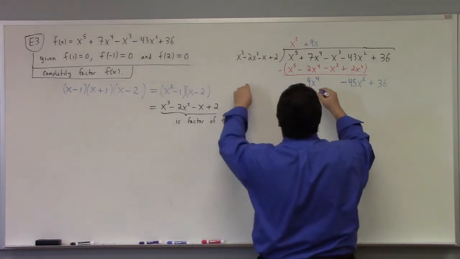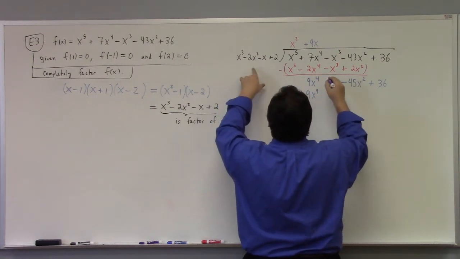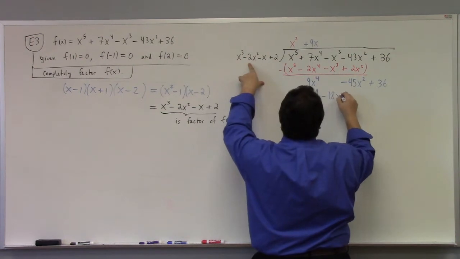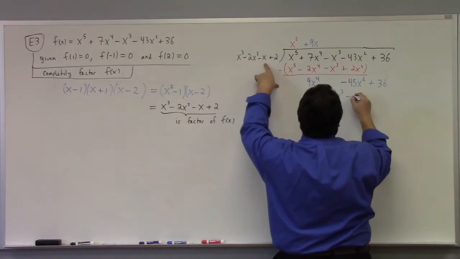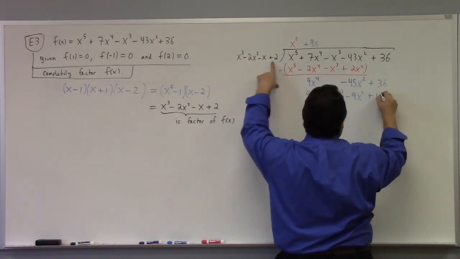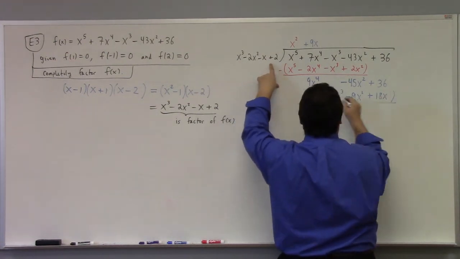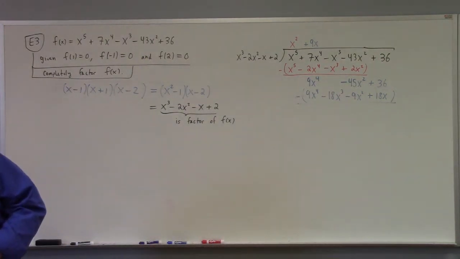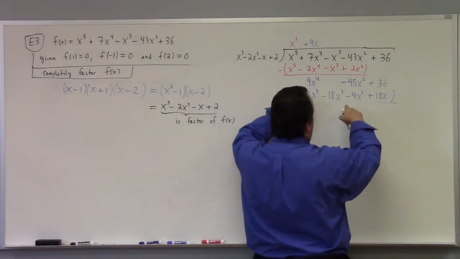And then this times that gives me minus 18x cubed, minus 9x squared, and then plus 18x. All right, so I have to subtract all that. And what happens? The 9x to the 4th cancel.